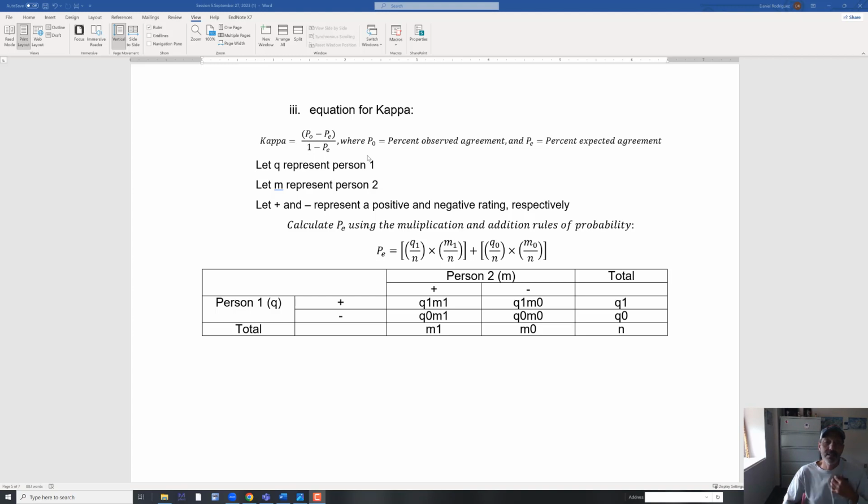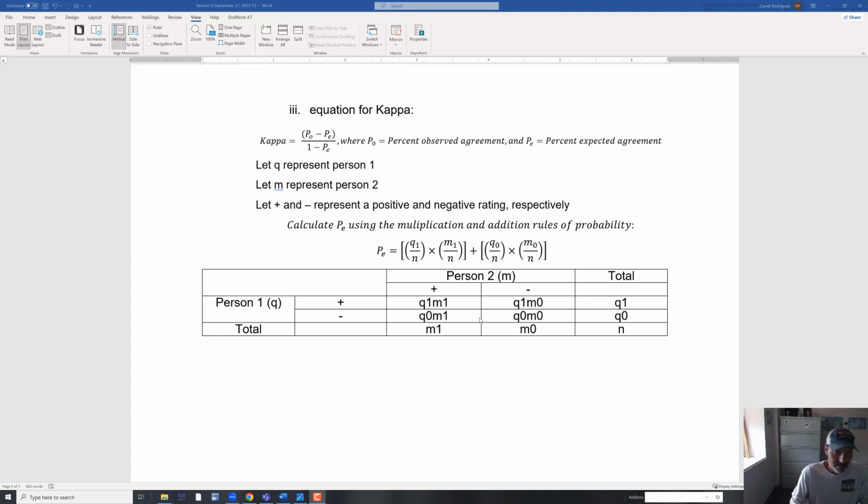So let's take a look at what exactly all these terms mean. So P sub O would be the percent observed agreement, and P sub E would be the percent expected agreement. In this first table, I'm just showing you how we end up calculating expected agreement.